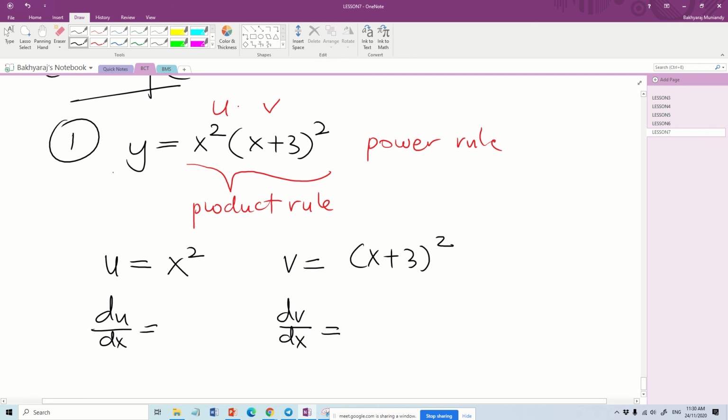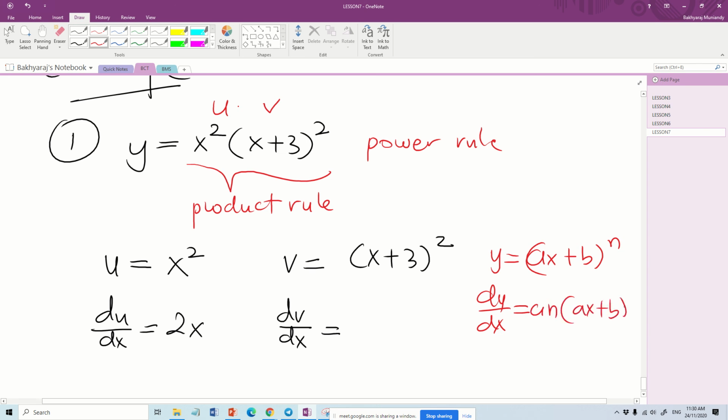So what is the answer for du dx? 2x. Correct, very good. So ini akan jadi 2x. What about dv dx? Betul. So remember, this one must use power rule. You must use y equal (ax plus b) power of n, then dy dx equal an(ax plus b) power of n minus 1.